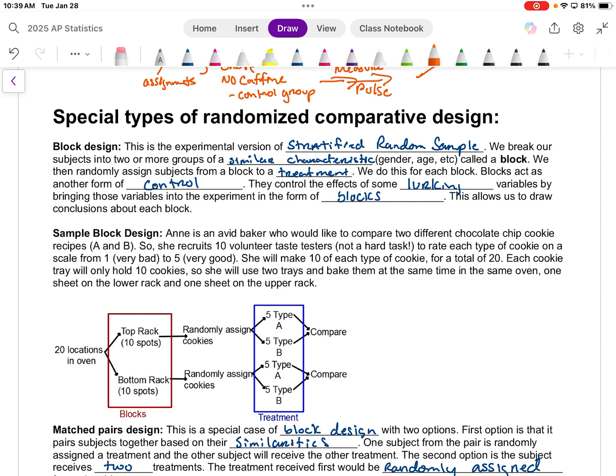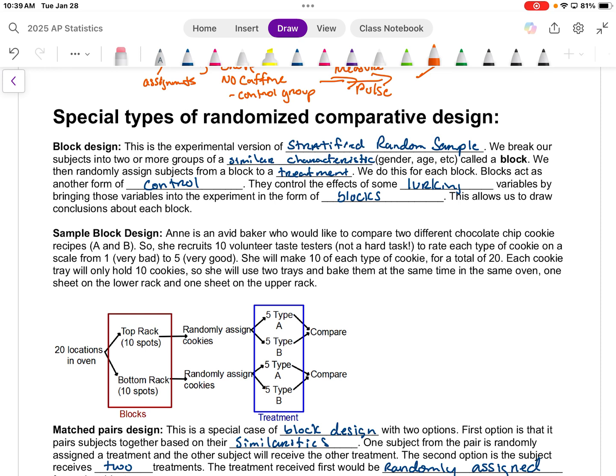So to make it as good as she could, she said, okay, I'm going to split it up. There's going to be 10 cookies on the top rack, and 10 cookies on the bottom rack. And now we got to randomly assign the cookies, because you don't want to put all the chocolate chips on one rack and all the sugar cookies on the next rack, because we're not going to know how baking on the different racks is going to be different for the type of cookie that it is.